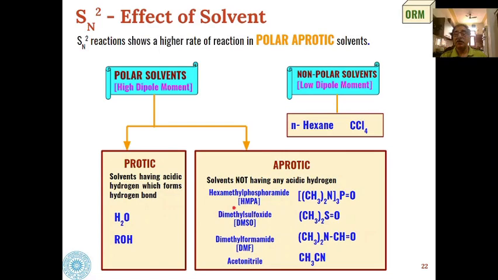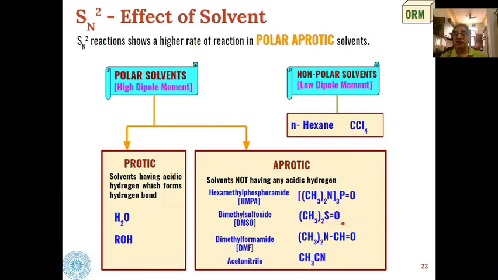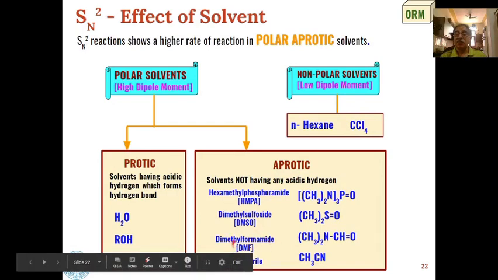Polar aprotic solvents are hexamethylphosphoramide, HMPA, having this structure, dimethyl sulfoxide, dimethylformamide, or acetonitrile. They don't have any acidic hydrogen, but they are polar in nature because of these double bonds.